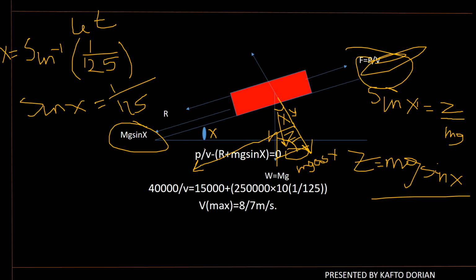If I want to find x, I'll take the sine inverse of 1 on 125, so it's the same thing. So x equals sine inverse of 1 on 125 is the same thing as sine x equals 1 on 125, but in this case we are finding the angle. So here is the sine of the angle. If I want to find the angle here, it is the sine inverse. Okay, let us continue.